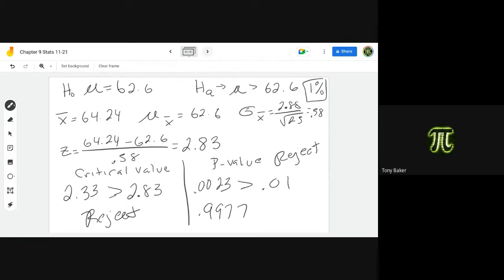Is that the way we find it, like, during class? Yes, that's the way. So if I was looking for 95%, I would go here and say, okay, here's 95%, that's 1.65.